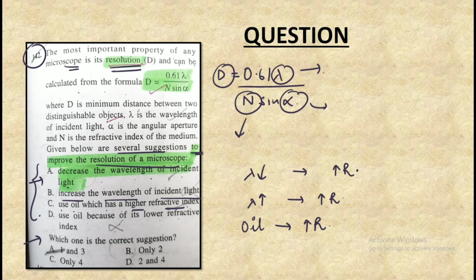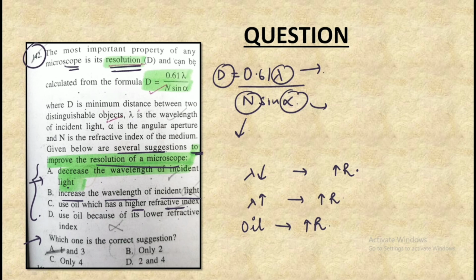There are high chances to make mistakes in this particular question, but as we have discussed, we could easily solve it. The formula that is given to us is for the limit of resolution.